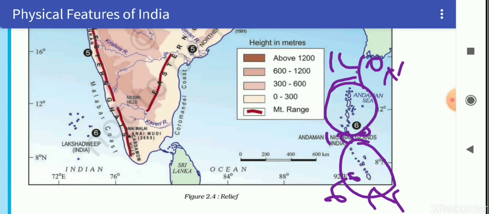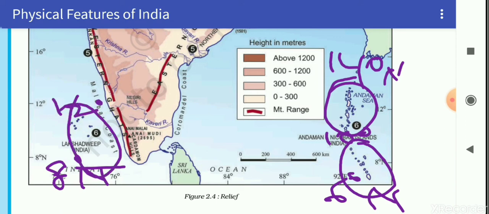Now in the same manner, if I talk about the total extension of Lakshadweep Islands, it covers the area between 8° north latitude to 12° north latitude. So this is the total extension of Lakshadweep Islands.